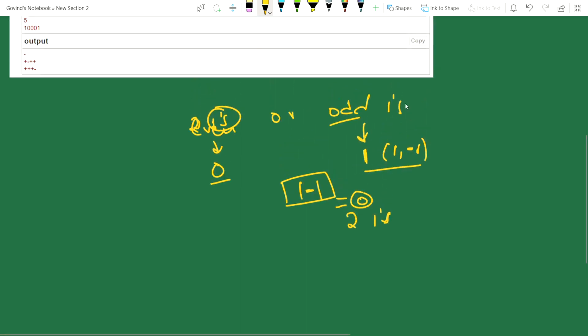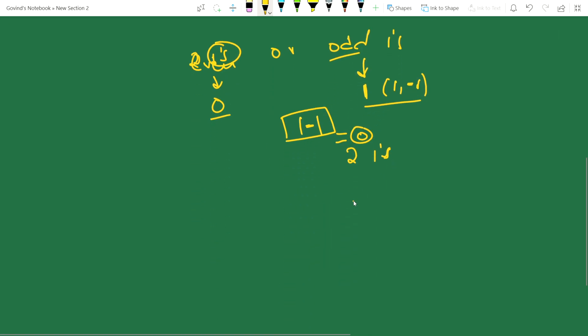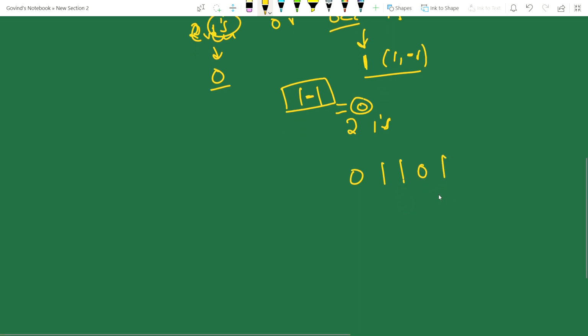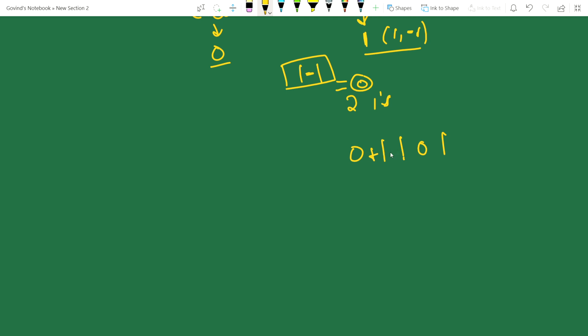Let's take an example of that also. If we have a string 101101, here we have an odd number of ones. So if we put a plus here, a minus here, any sign here, plus or minus, and now here if I take a plus 1 or a minus 1, since there are an odd number of ones, there would be a 1 that is not going to be cancelled with any of the other ones.